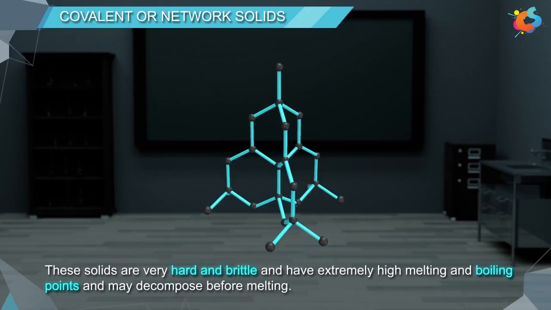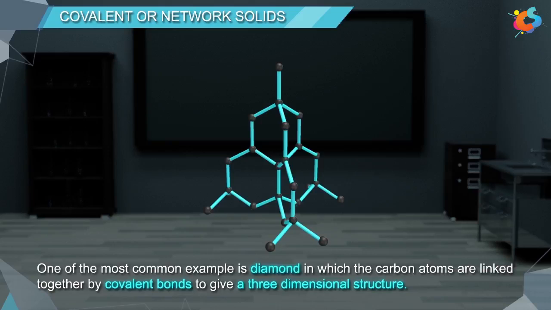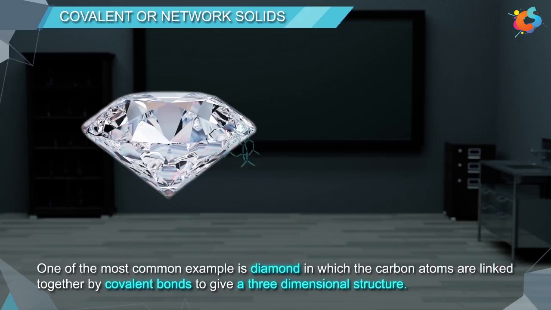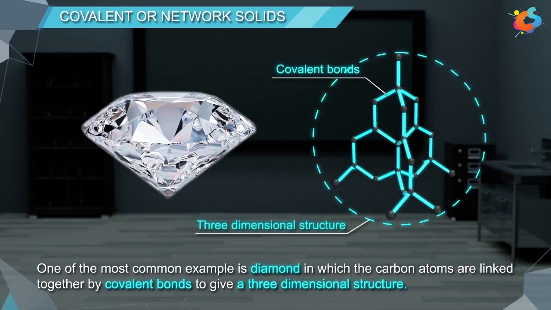These solids are very hard and brittle and have extremely high melting and boiling points. These covalent solids, due to the absence of free ions, act as bad conductors of electricity. One of the most common examples of covalent or network solid is diamond, where each carbon atom is linked together by 4 covalent bonds to give a three-dimensional structure.